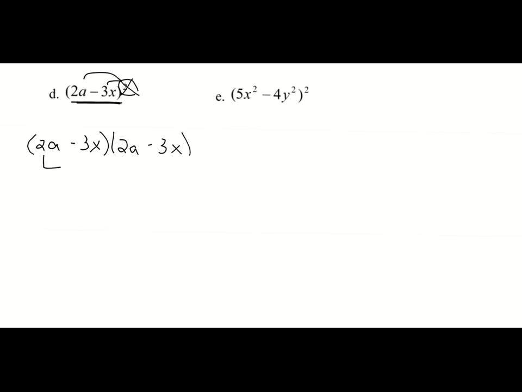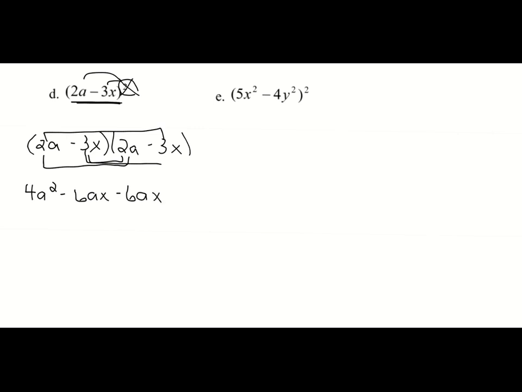So now we're going to do our first terms. 2a times 2a will give me 4a squared. And then 2a times negative 3x for our outer terms is going to give me negative 6ax. The inner terms are going to be a negative 6ax.